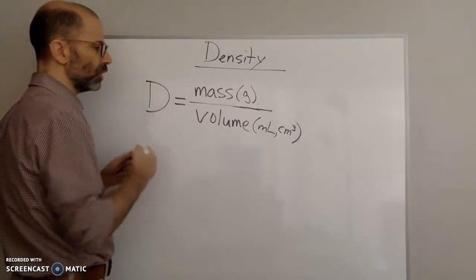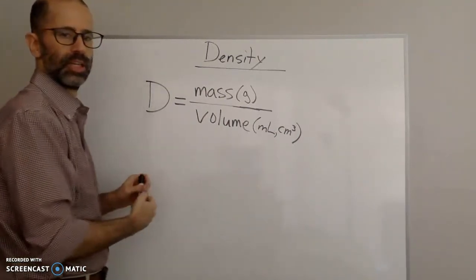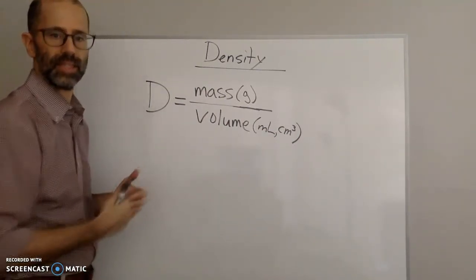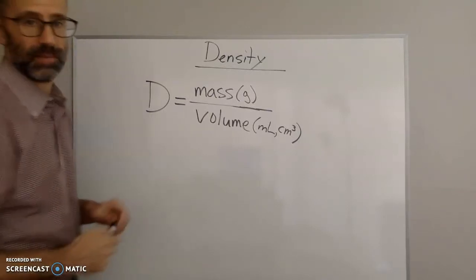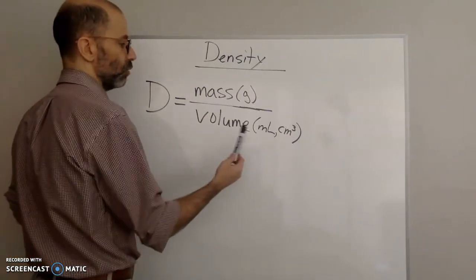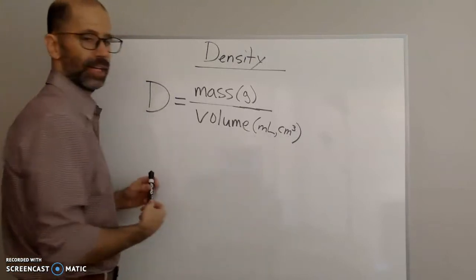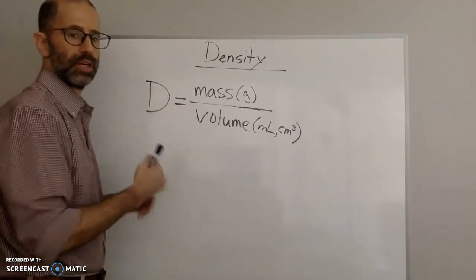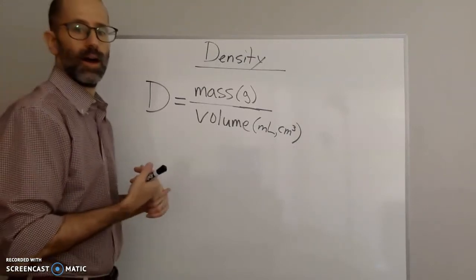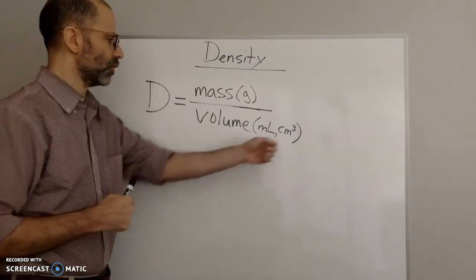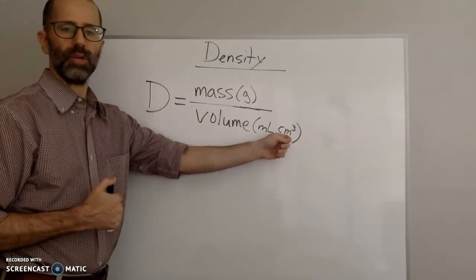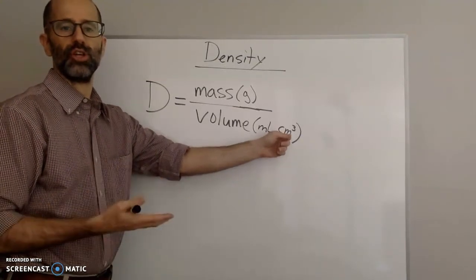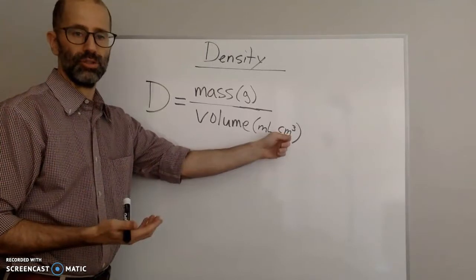So we normally use milliliters or liters when we're talking about the density of a liquid, right? But we usually have some length cubed, either centimeter cubed, meter cubed, something like that. We're using length cubed for solids usually.